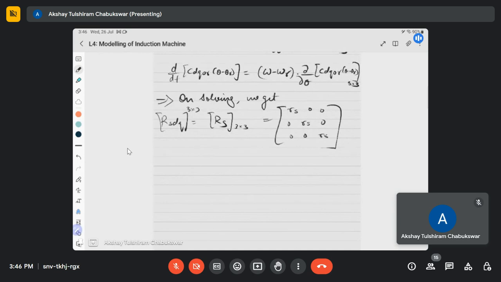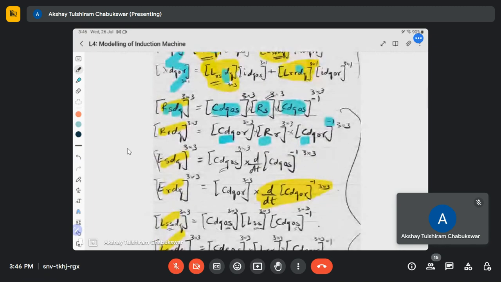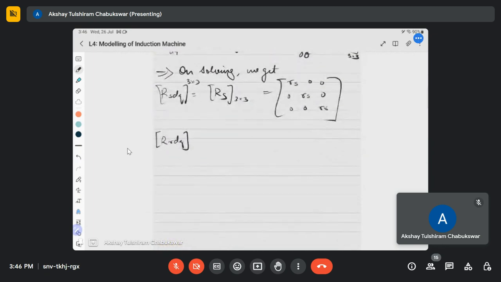This is what we observed from the code, right? Similarly, RRDQ, which is a 3 cross 3, is nothing but the original RR matrix in ABC. So there is no change in the resistance matrices. Correct?